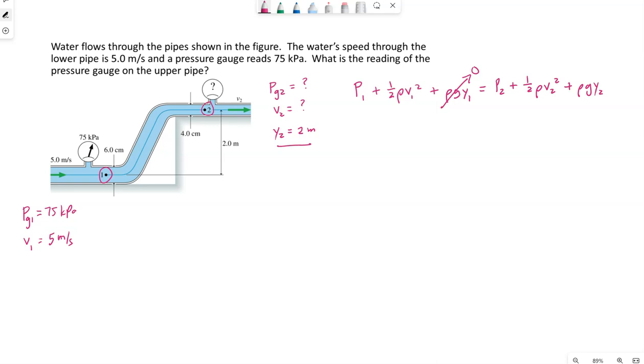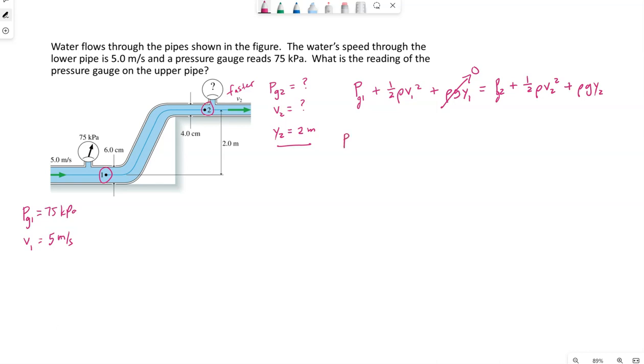The fluid is flowing at both points 1 and 2. It should be flowing faster at point 2, simply because the pipe has narrowed down. So we're looking for gauge pressure at point 2. If you watch the previous example, you know we can make P1 and P2 both gauge pressures, and that's perfectly valid.